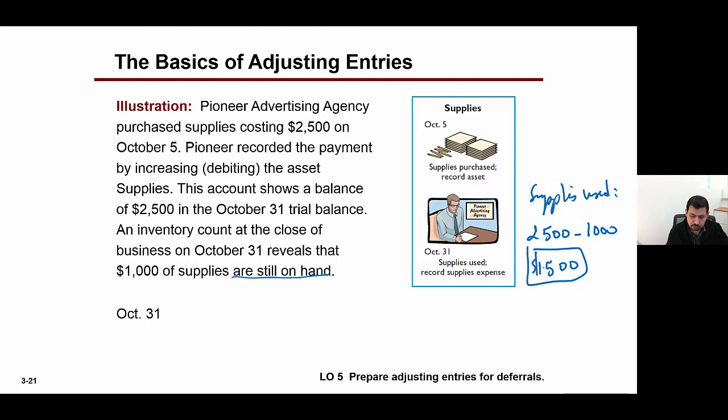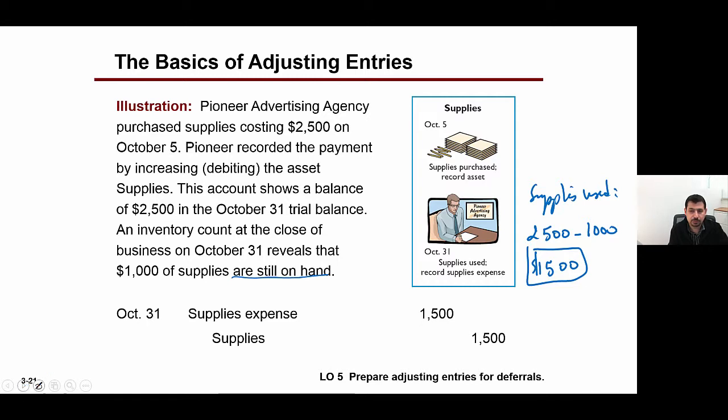This is the amount that was used during the month of October. As a result, we need to increase the supplies expense by 1,500. So we debit supplies expense 1,500 and our asset account supplies decreased by $1,500. As a result, we credited $1,500 and that would be the adjusting entry.